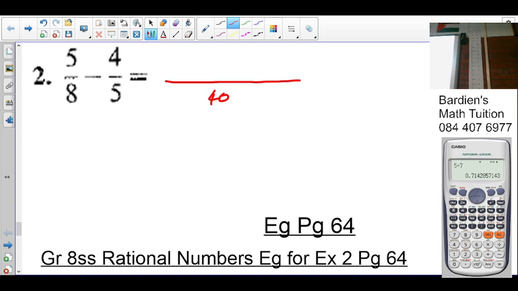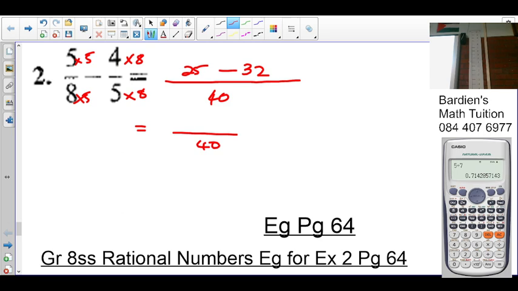So 8 multiplied by what is 40? 5. So it's going to be 25. 5 multiplied by what is 40? 8. 4 times 8 is 32. So is this number going to be positive or negative? Negative. Why? Because between 25 and 32, 32 is larger, bigger, between the two numbers.